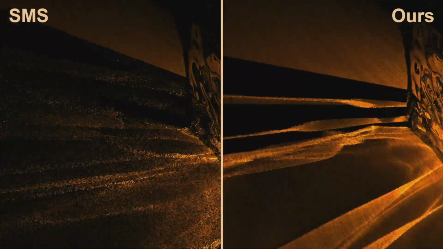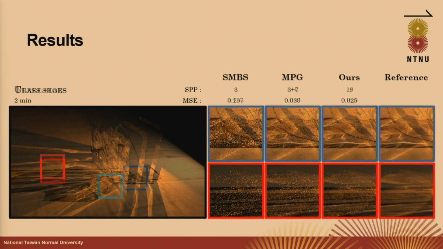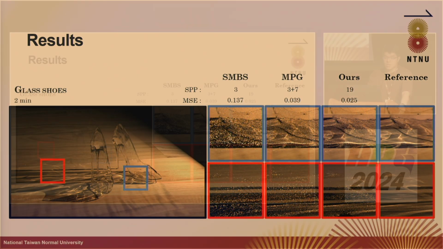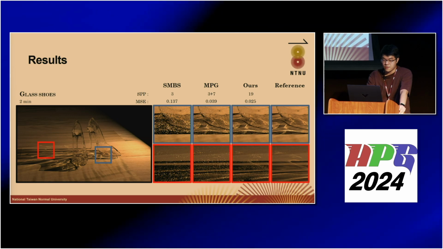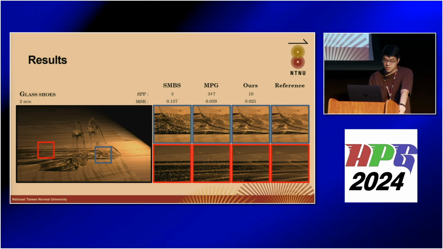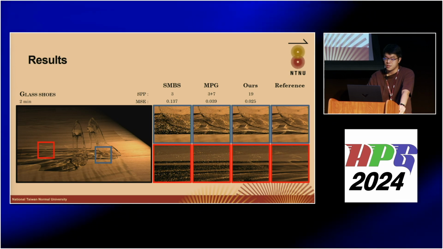Yeah, great. And if we compare to other methods that build upon SMS, like manifold bisection sampling and manifold path guiding, our method can also achieve the lowest MSE value in the scene. If we look at the performance side, many other methods based on SMS will encounter a performance problem when we try to sample longer specular chains.